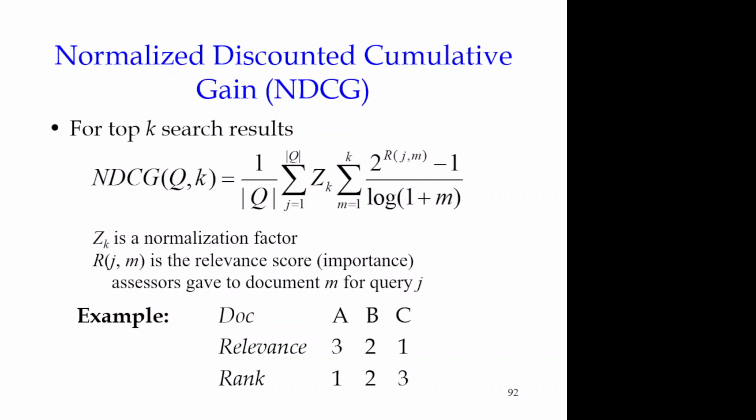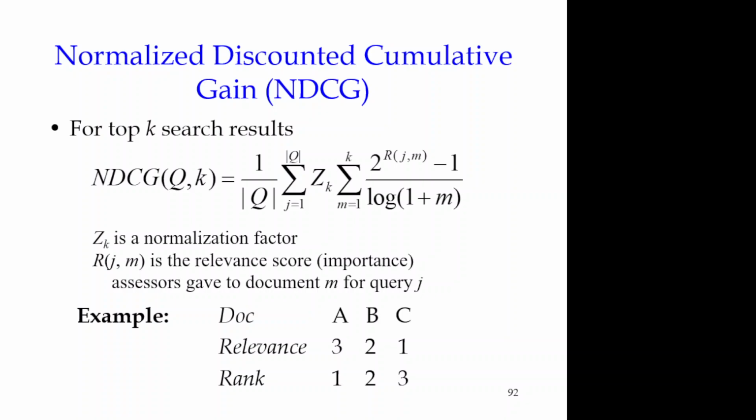In NDCG, if we want to search the top K results, we will give each document an importance. Different documents have different importance. In MAP we don't count the importance; we just count whether they are relevant or irrelevant.